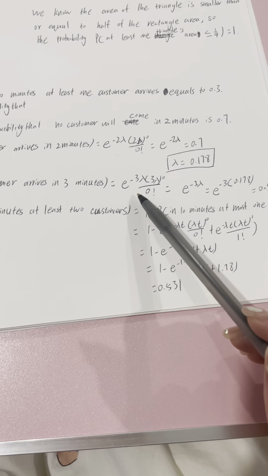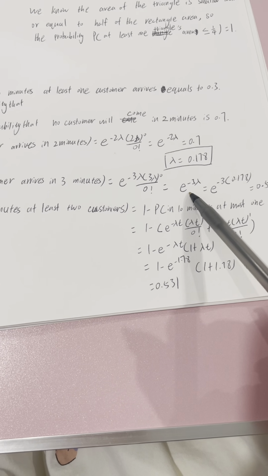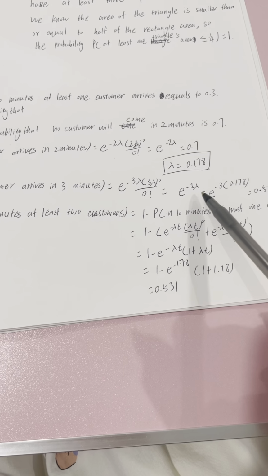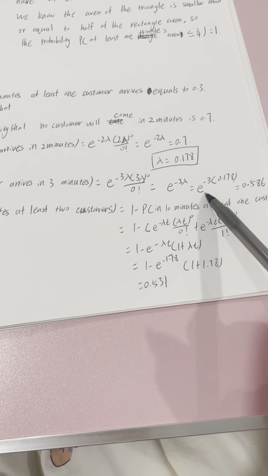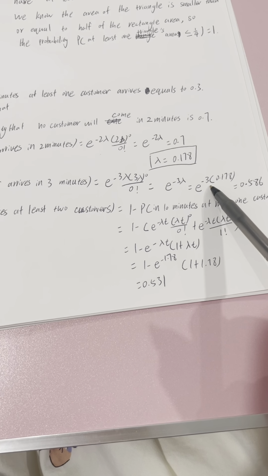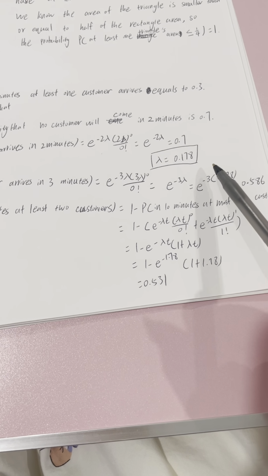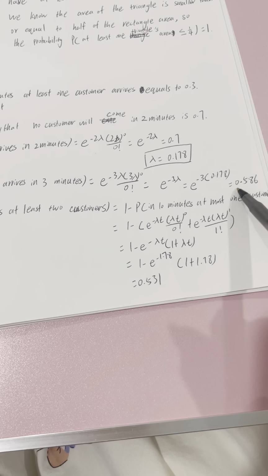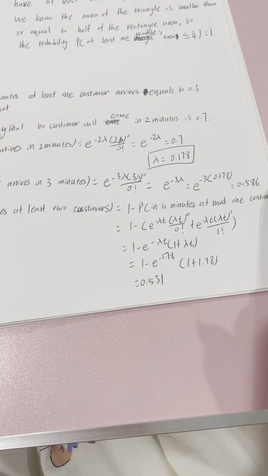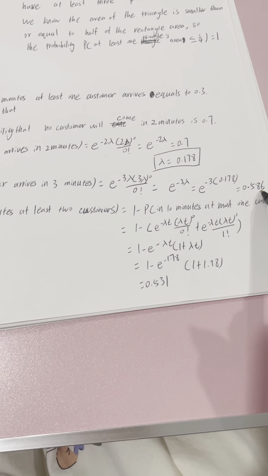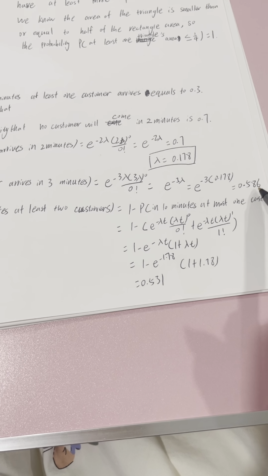We simplify the equation and we get e to the negative 3 lambda equals e to the negative 3 times 0.178, which was solved in the first part, and then we get 0.586. This is the probability that no customer will come in 3 minutes.